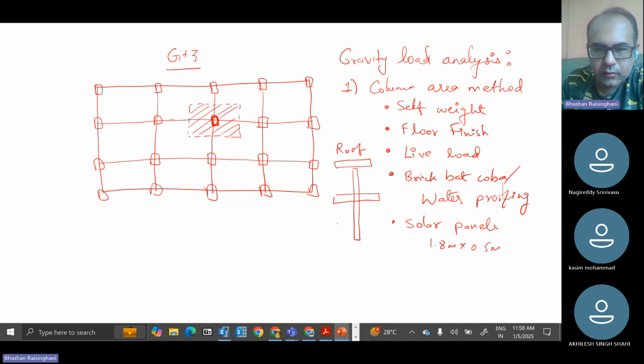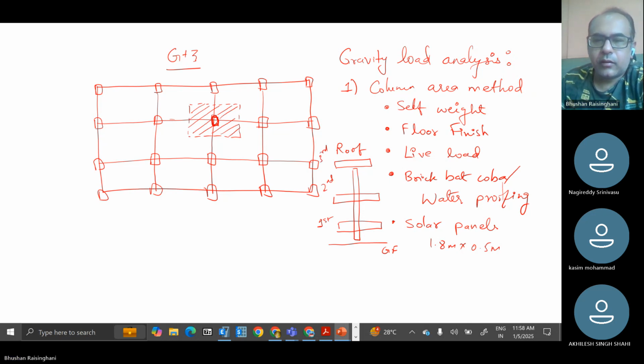This will be your ground floor. This will be first floor. This will be second floor, and this will be the third, which is the roof. Okay. So this way, whatever the load is coming from the roof to your column, you will get actual load.